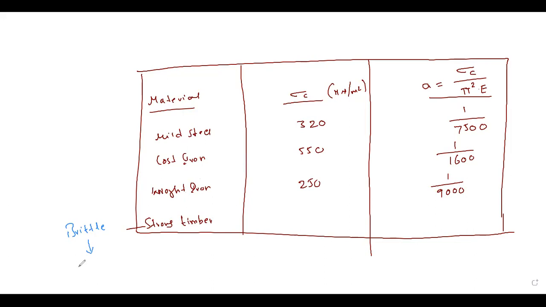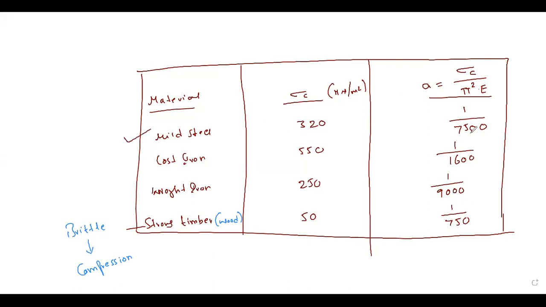Brittle materials are good in compression. For timber, it can carry a load of only 50 mega Newton per meter square, and the Rankine constant is 1/750. So this is the table you can remember. Instead of calculating the Rankine constant, you can directly take it based on the material.